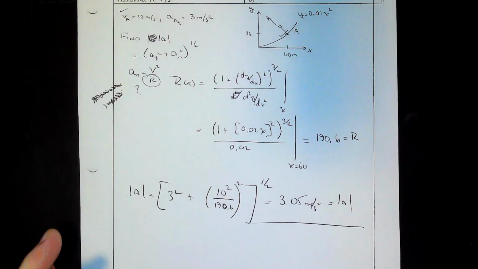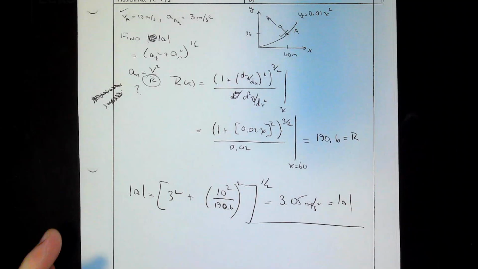The radius of curvature as you move along the x here is given by the following equation: 1 plus dy dx squared, outside bracket, to the 3/2 power, divided by the second derivative of y with respect to x, where you evaluate it at the various x you care about. So let's just use the equation, because that's the easiest way to learn.